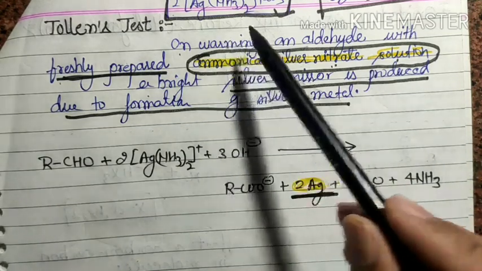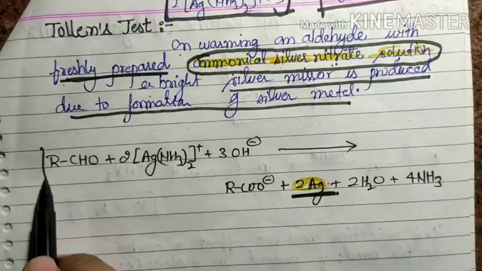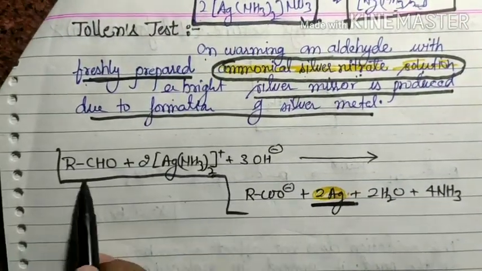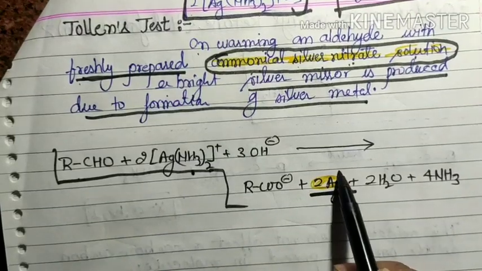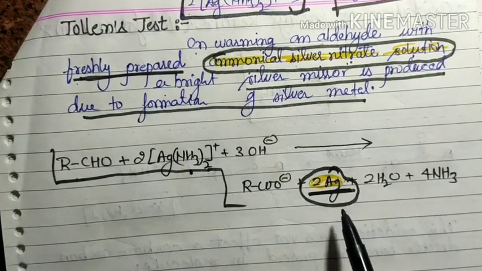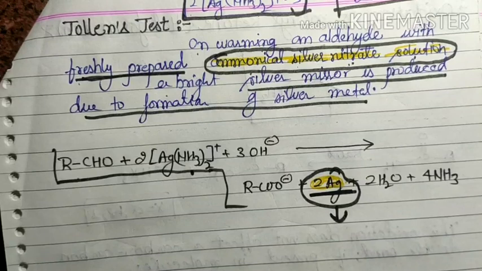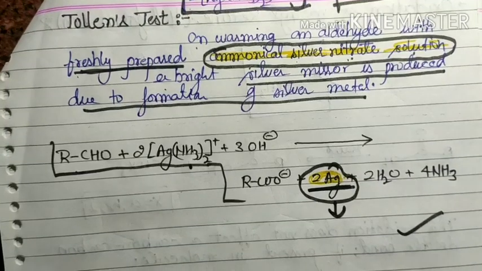So this is Tollens reagent and this is the reaction for the Tollens test. This is the aldehyde, it reacts with Tollens reagent to give 2Ag, and this Ag is deposited on the wall of the test tube to give the silver mirror test. So this is about the Tollens test.